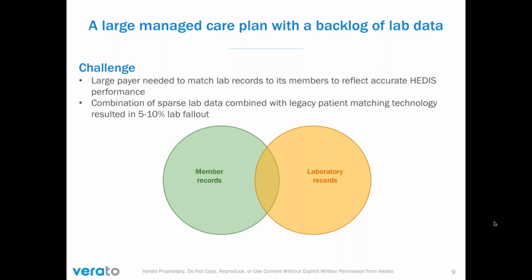So an example, a payer organization that we worked with was having a challenge because one of the things that they're doing is they're taking laboratory result data that comes from the labs, and they're trying to match it up to their membership records. And they're doing this for the purpose of quality of care reporting, HEDIS reporting as an example.